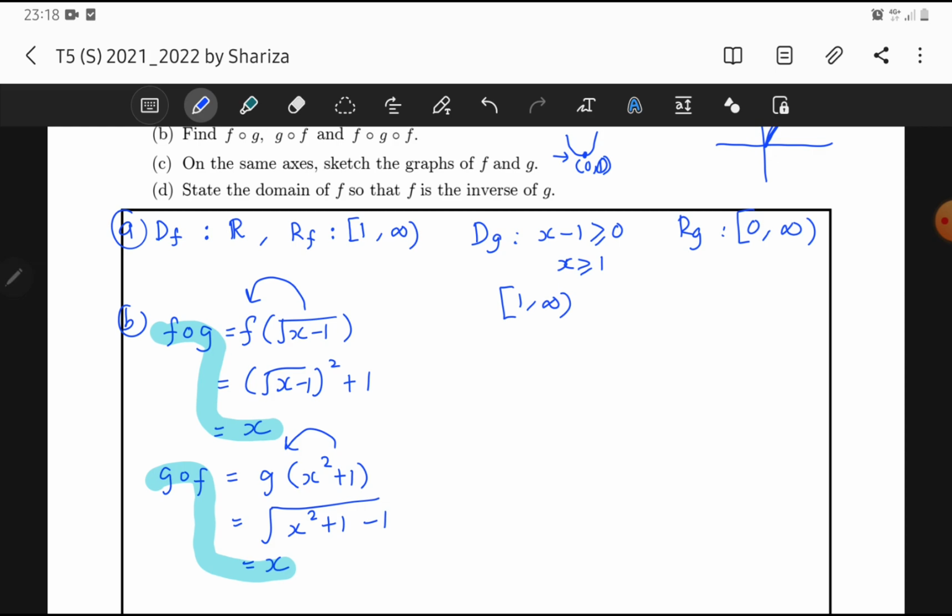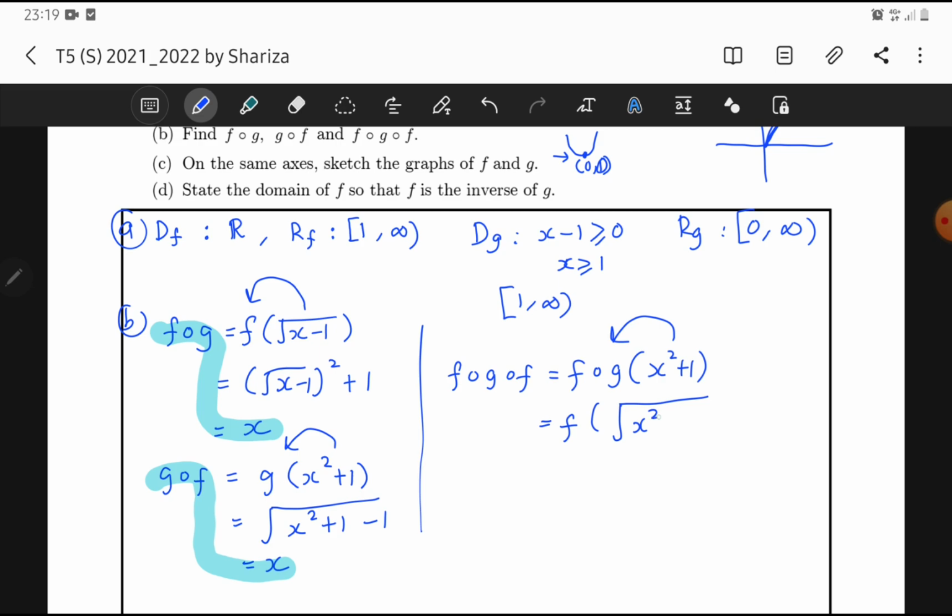Okay, next. Dia suruh cari f of g of f. f of g of f equal to f of g. Okay, tulis f. f kita apa tadi? f kita x squared plus 1, equal to, insert into g now. f of, g of x squared plus 1, dia akan jadi square root (x squared plus 1 minus 1) or equal to f of x.